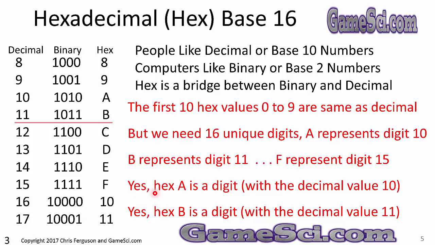Yes, absolutely. Hex A is a digit with a decimal value of 10. Hex B is a digit with a decimal value of 11. And of course, E has a decimal value of 14. D has a decimal value of 13. The digits A through F have values in the hexadecimal numbering system.